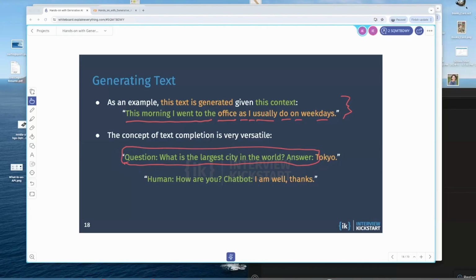Answer:" and said, complete that sequence of tokens. Well, maybe the next token should be Tokyo and the next token should be a period. Okay, well, if my language model can complete text contexts like this, it can answer any question I give it, provided that it can accurately generate answers.